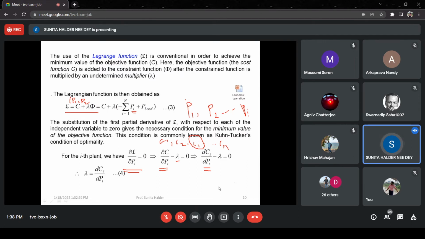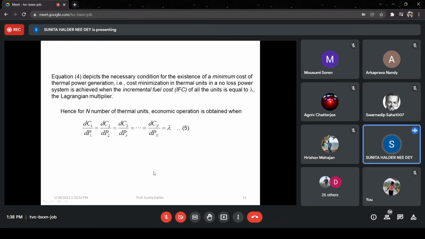If you do not understand, you must ask me. Then lambda equals dCi by dpi. This is applicable to any generator in that plant, so it is applicable for 1, 2, 3 up to n. In short, the first derivative of the cost function of each generator with respect to its own generation will be equal, and that is equal to lambda, right?